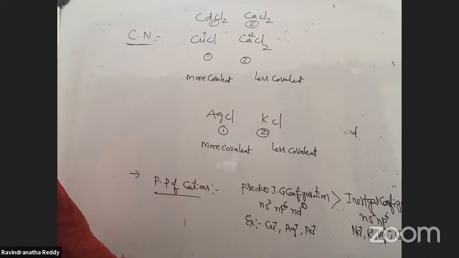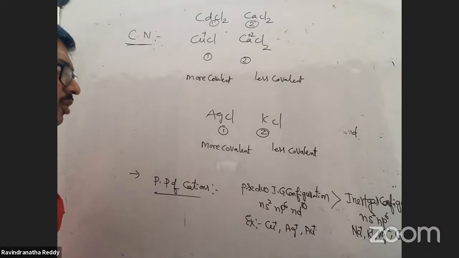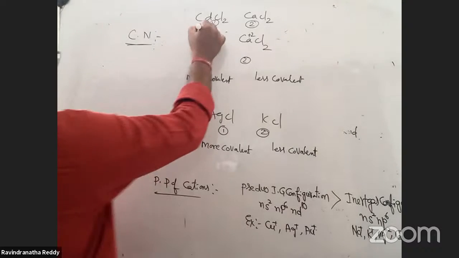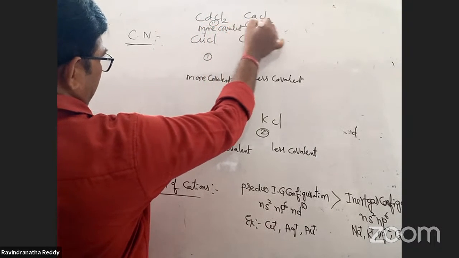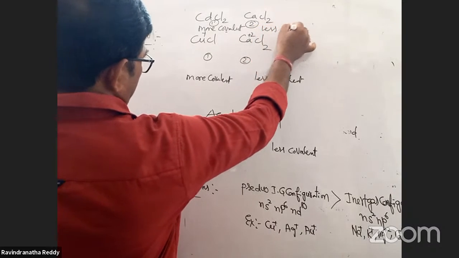Why? Because of the pseudo inert gas configuration. Zinc, cadmium, mercury, copper, silver, gold, these are all pseudo inert gas configurations. So the first one is more covalent, and the second one is less covalent, or ionic.